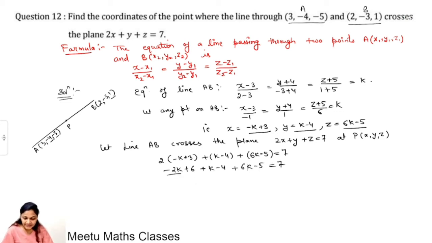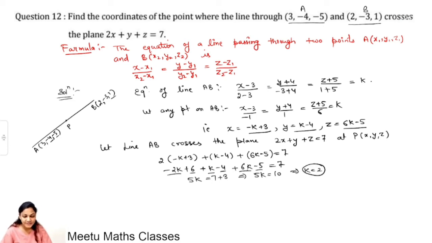Now minus 2k plus k is minus k, plus 6k will be 5k. Now 6 minus 4 is 2, 2 minus 5 is minus 3, and that can be added to the right hand side. So 5k is equal to 10 will give you k is equal to 2.